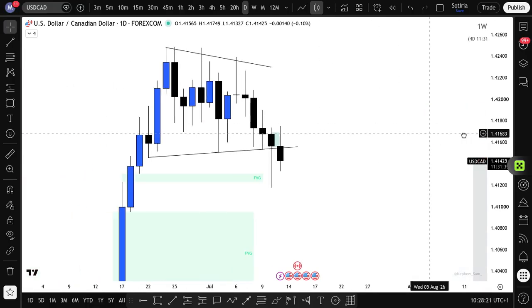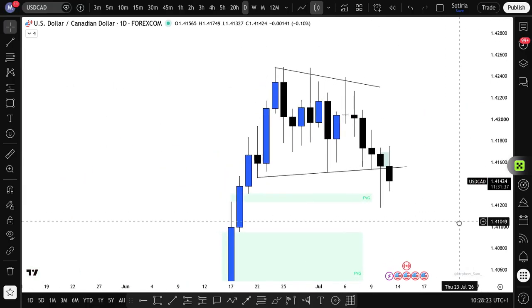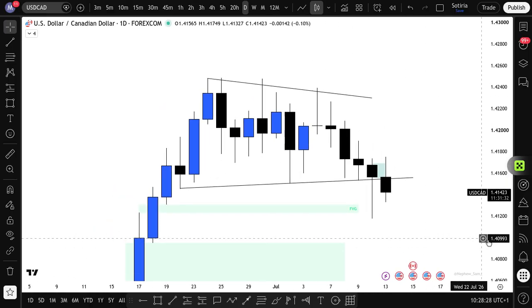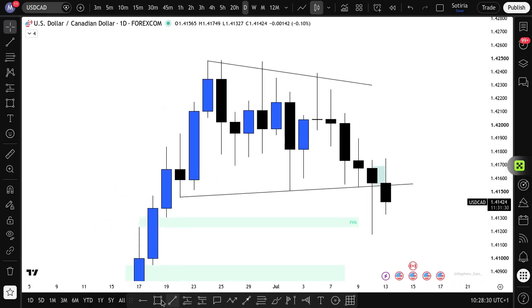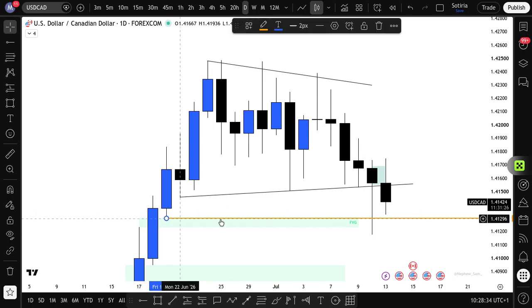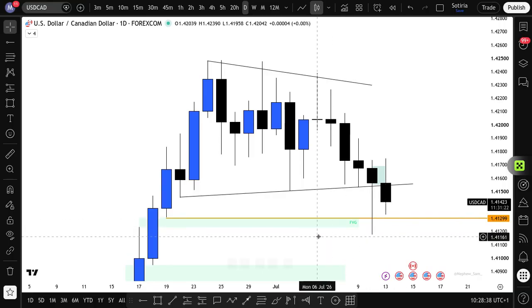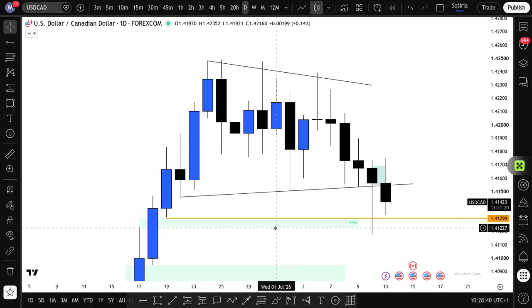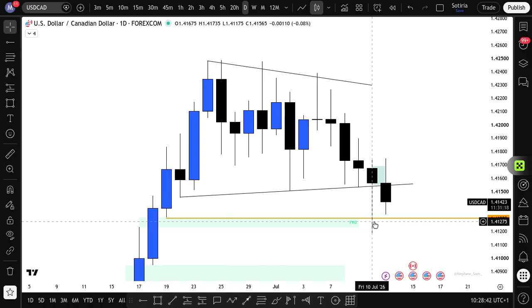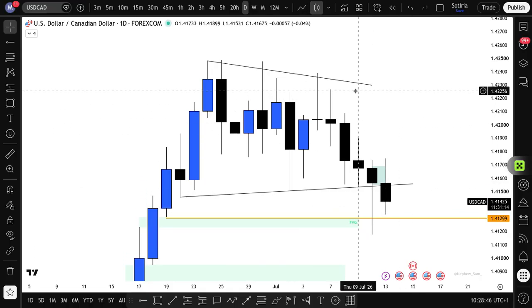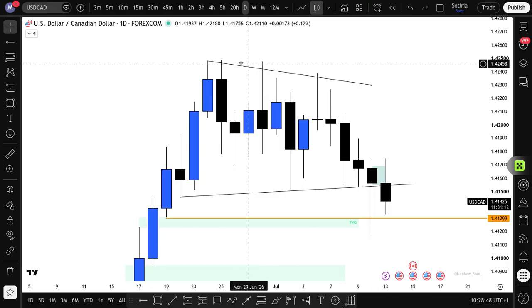Now if we go over to the daily time frame, price did the same thing on the daily time frame. Price also reacted from the daily FVG and the weekly FVG, and this time price swept it and also closed above. Now you see that our symmetric triangle is also present on the daily time frame.